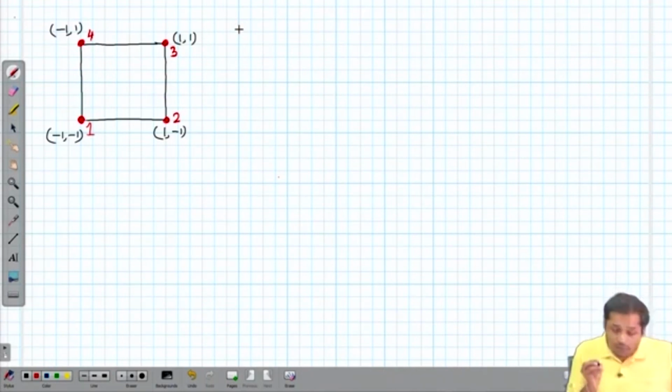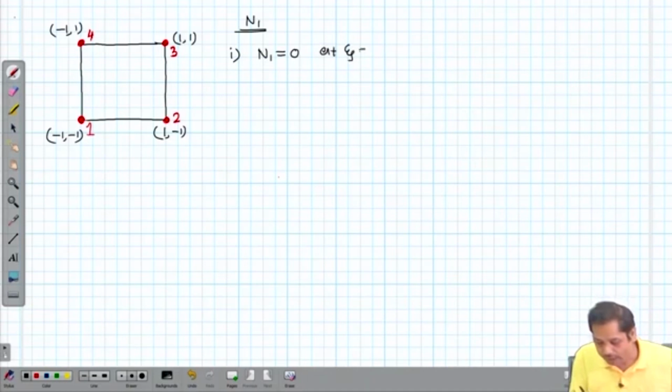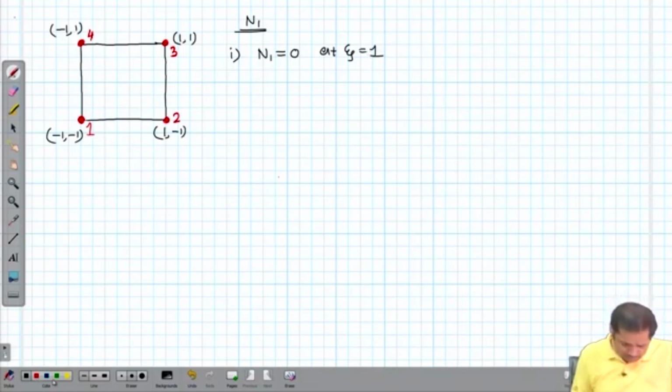Now for N1, one criterion is that N1 should be equal to 0 at xi equal to 1. So this is one criterion we have. Xi equal to 1 means, let us see the xi and eta coordinates.